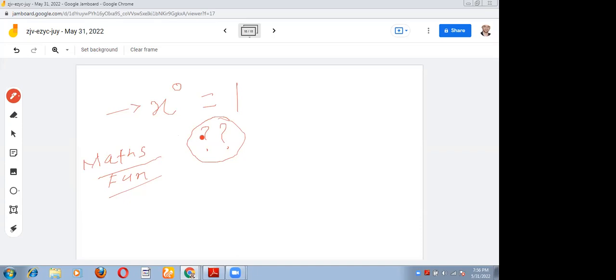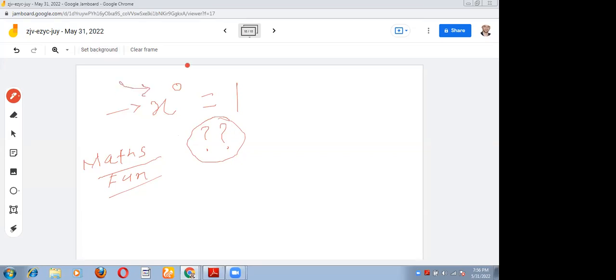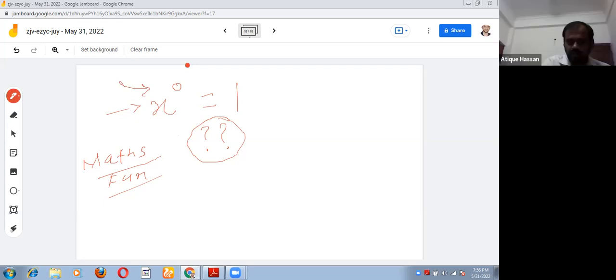I will explain everything, but first I wanted to know why this is 1. On a daily basis in mathematics you frequently come across x to the power 0. Why is this 1?